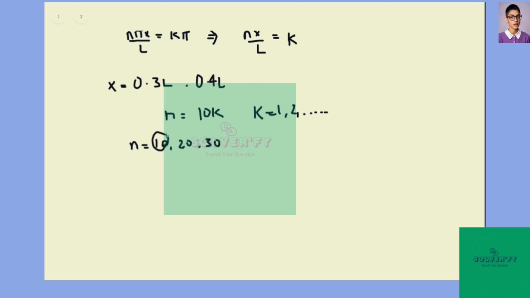So accordingly, a value of n can either be 10 or 20 or 30, but the lowest of these is 10. Probably we can also choose 20, but if we choose 20, you will notice that if we were to draw the wave functions, and this is 0.3 L and imagine that this is 0.4 L, they say that the probability density is 0 only at these 2 points and it is not 0 in between. So the wave function should look something like this, or probably in the negative direction, but it should not go to 0 in between.